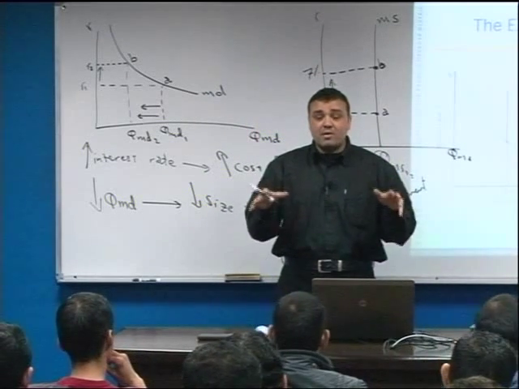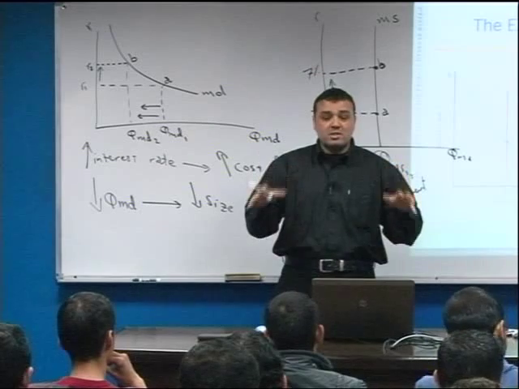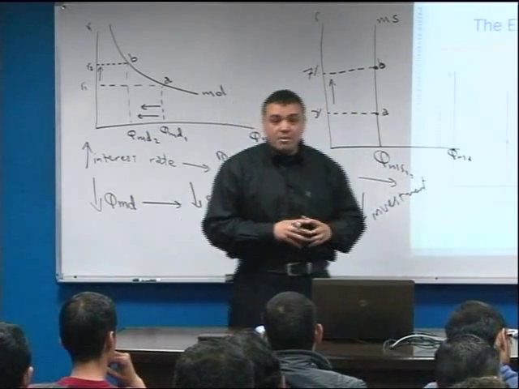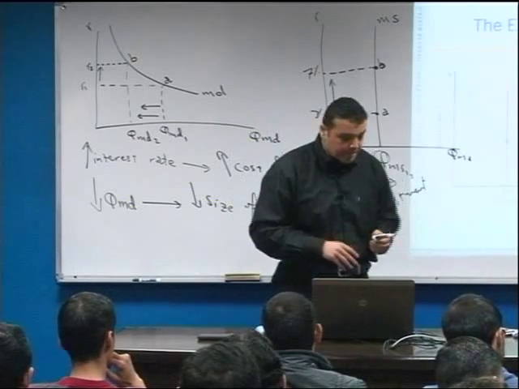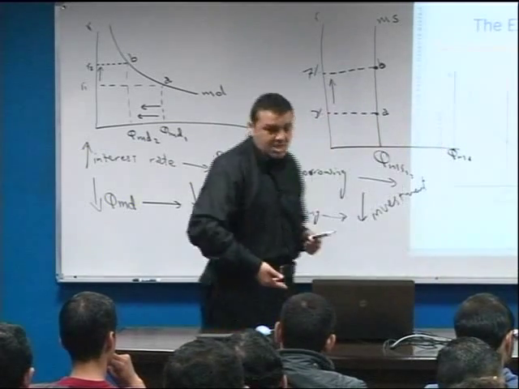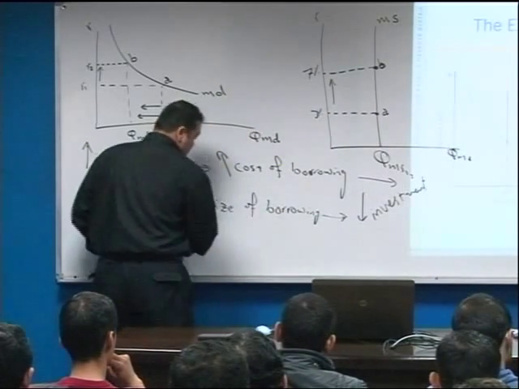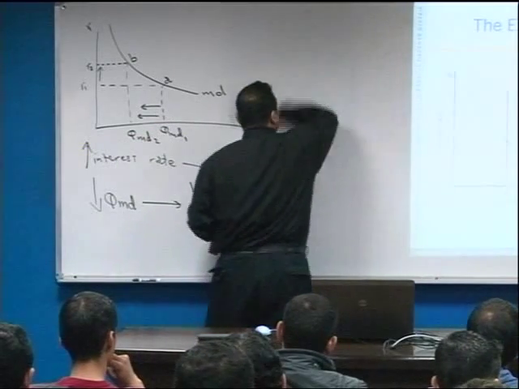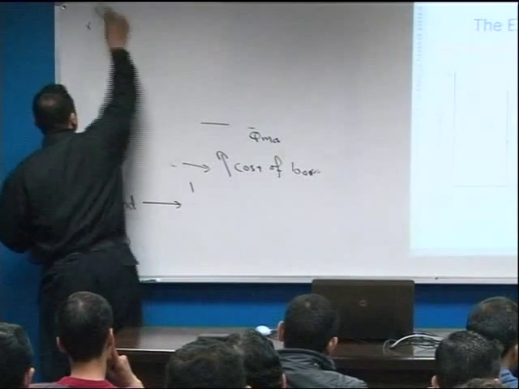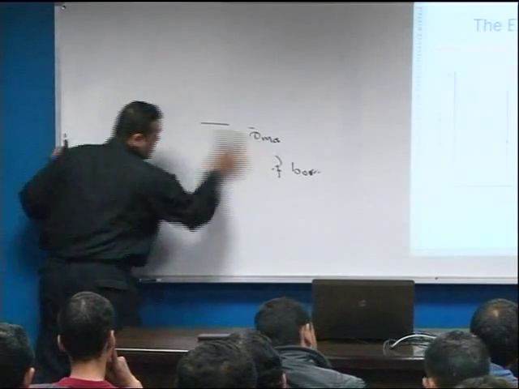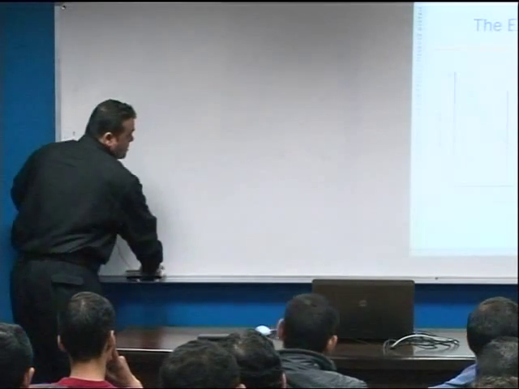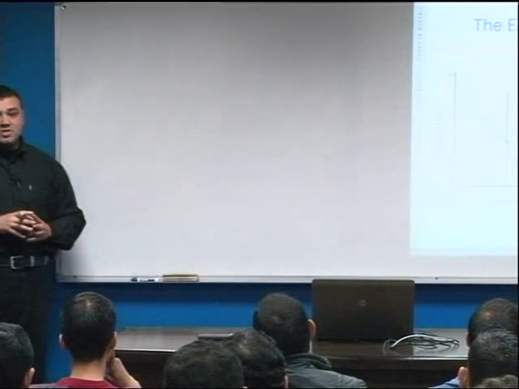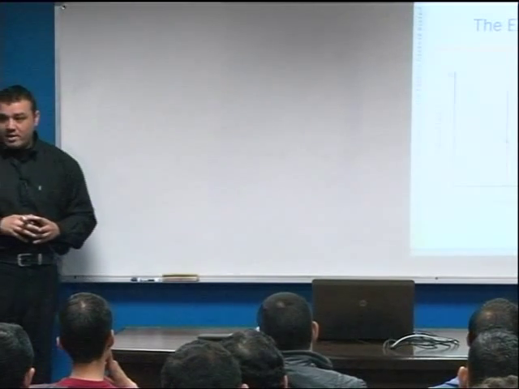The money market is quite similar. So the equilibrium in the money market occurs when there is an intersection between the money supply and money demand curves. Let's come back to the goods and services market and the labor market, and then go to the money market.